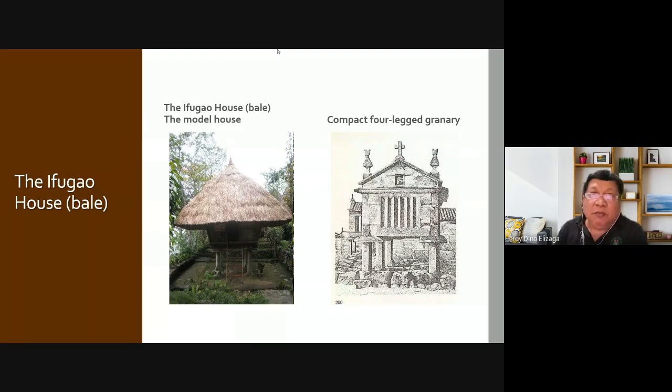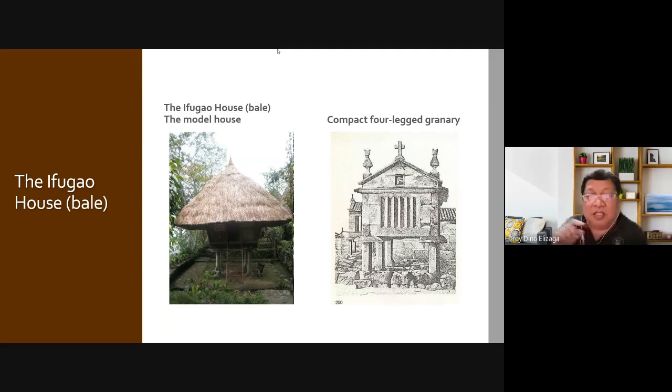But then it has to be protected not only from the elements, from the storm. That's why you have a very thick and wide roof. You also have to protect them from insects, from animals, so you have to raise them. And if you notice, just below the floor, the posts have discs, separating the post from the floor.